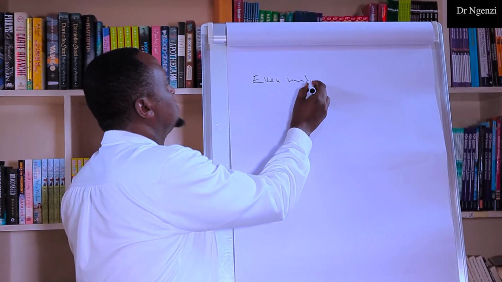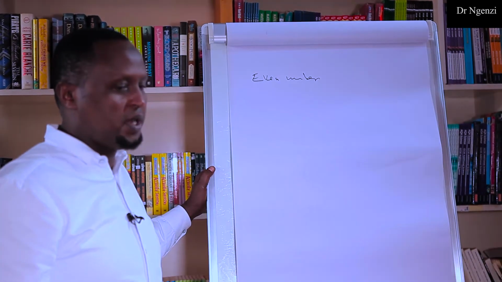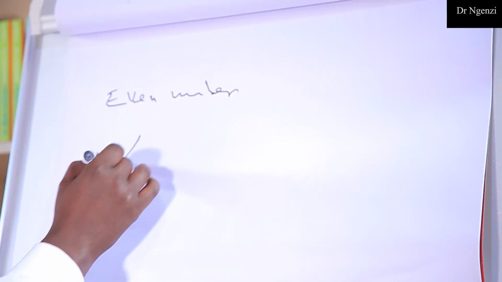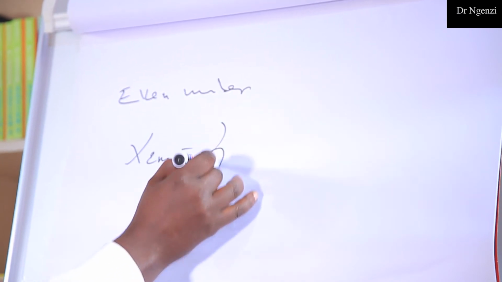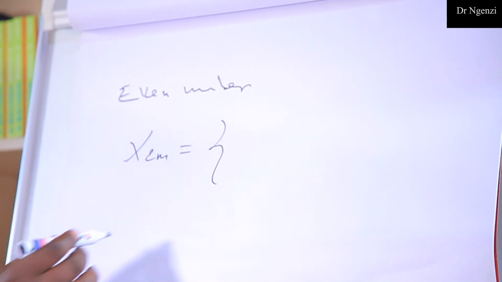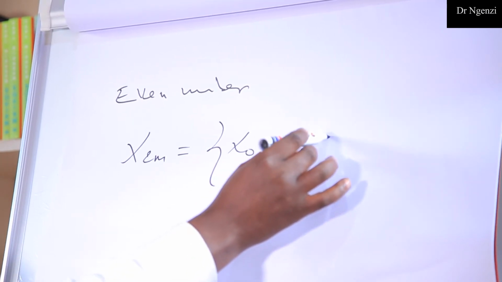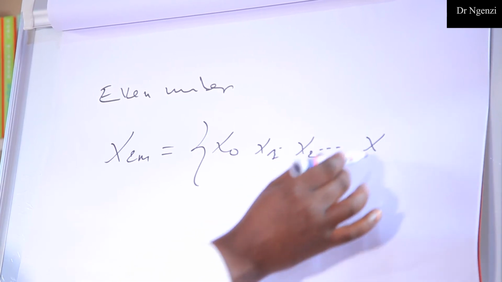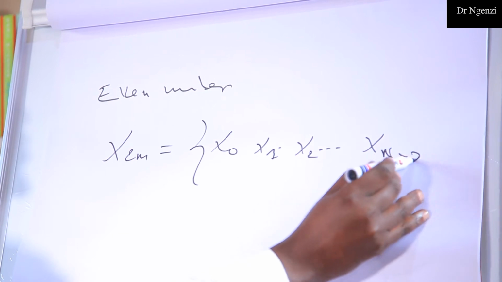Even numbers, we are going to have, for example, a series of values for the even indexed numbers, for example, x of 2m, which is going to range from any value, x0, x1, x2, and so on and so forth, up to x of big N minus 2.